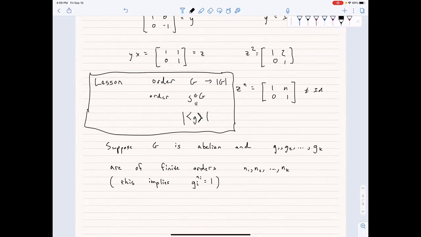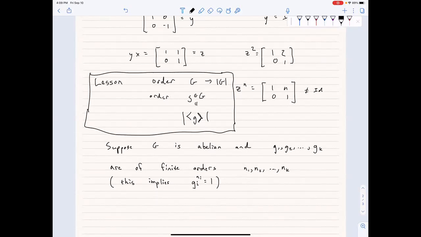It implies that, but it also means that ni is the smallest positive integer for which that is true. Why are we worrying about the smallest?